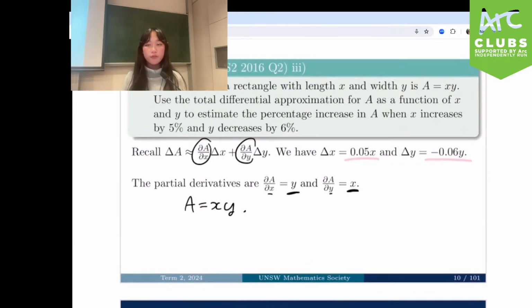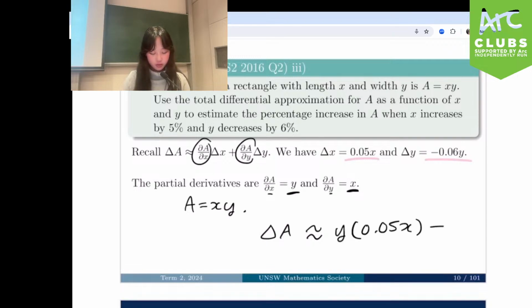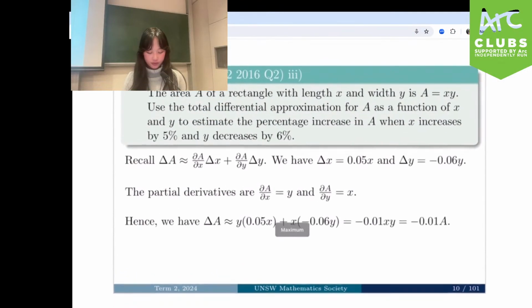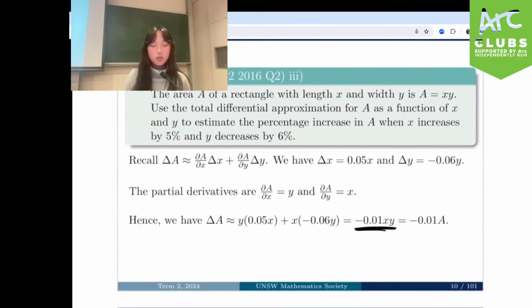And if we chuck all of that into our total differential approximation formula, what we should get is delta A is roughly equal to y times 0.05x minus x times 0.06y. Alright? If we evaluate that, we get this. Okay? So that is ultimately our change in area.